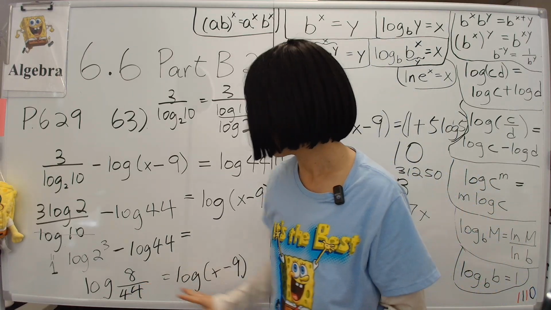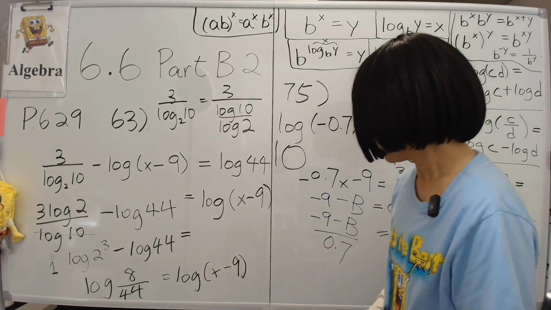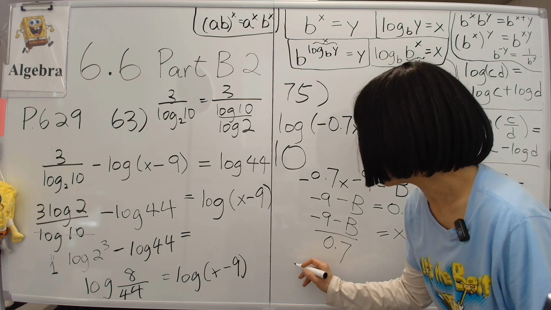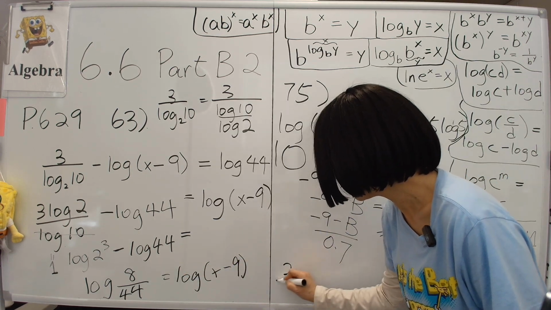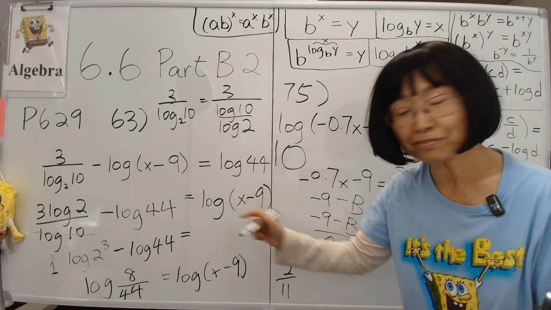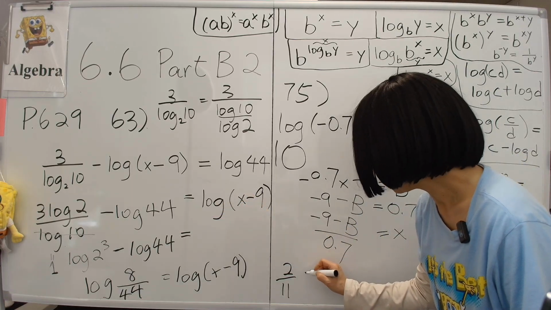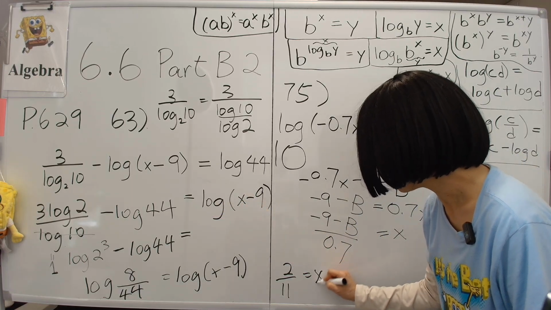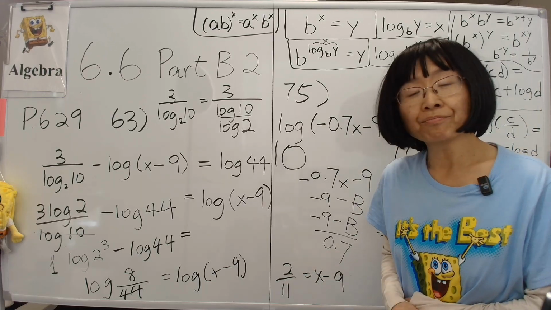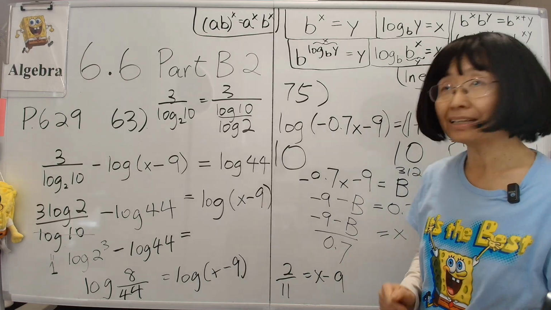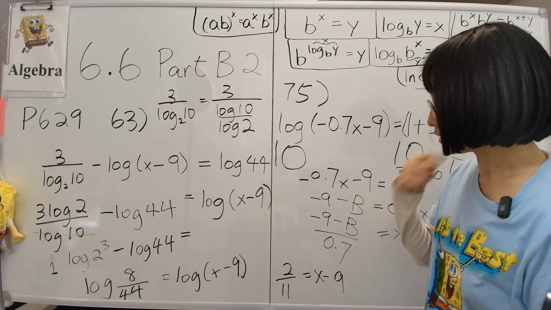But when it is, then we can say that equals that. We'll simplify this: it's 2 over 11, which is what we figured out before, by the way. 2 over 11 is equal to x minus 9. So that's how we got the answer, x equal to 9 and 2/11. That is the answer.